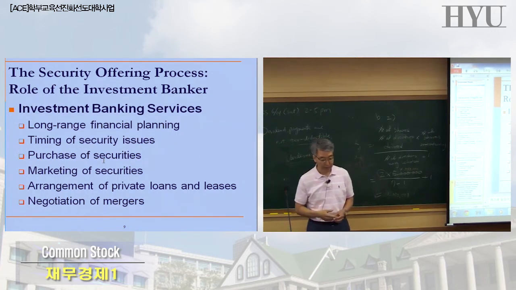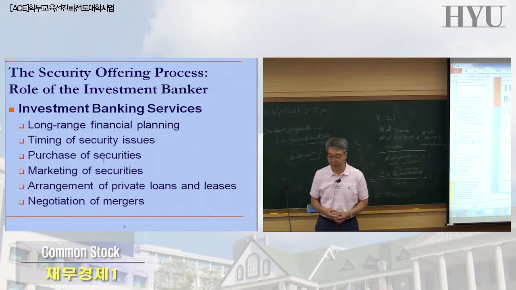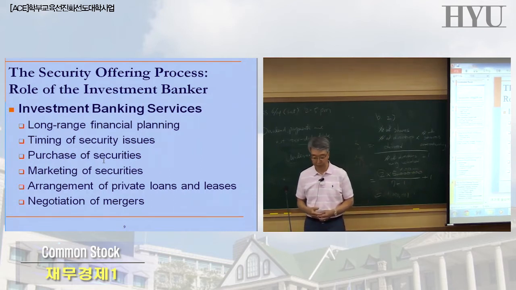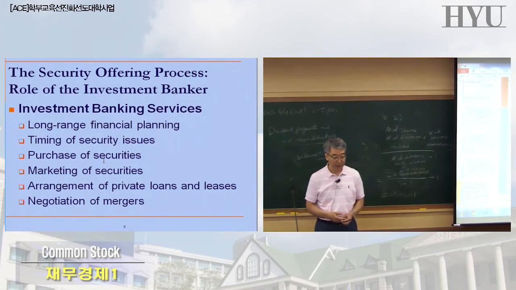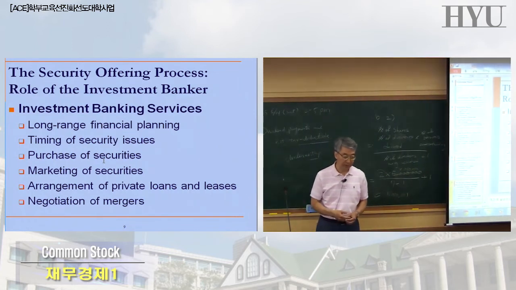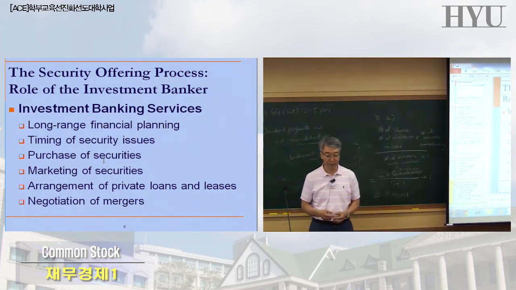The investment banker can get in the middle and try to find the best deal or best way to finance all these leases. Okay? And finally, negotiation of mergers and acquisitions. Okay? The investment banker plays a key role. Okay?